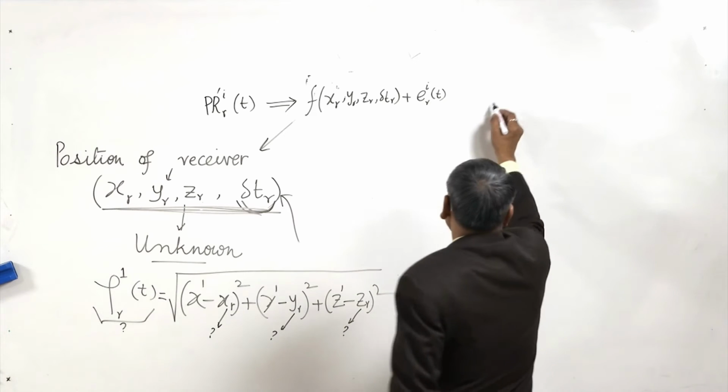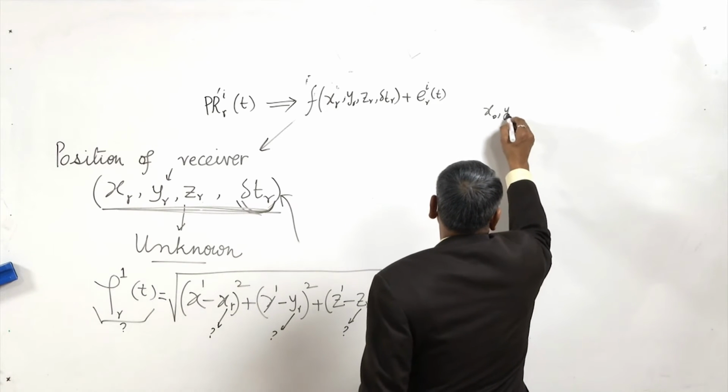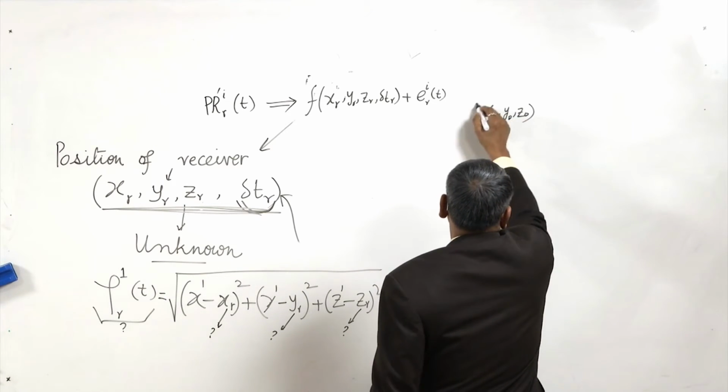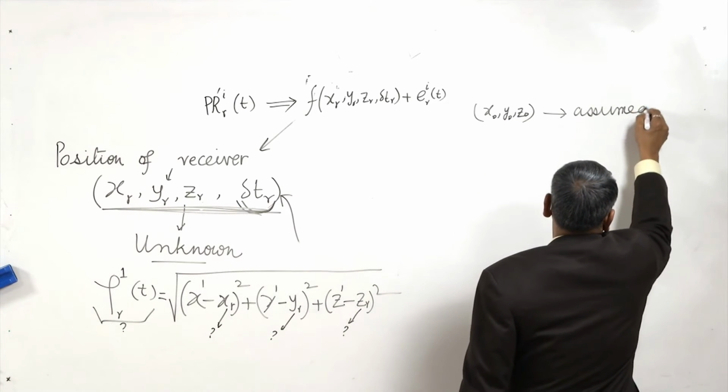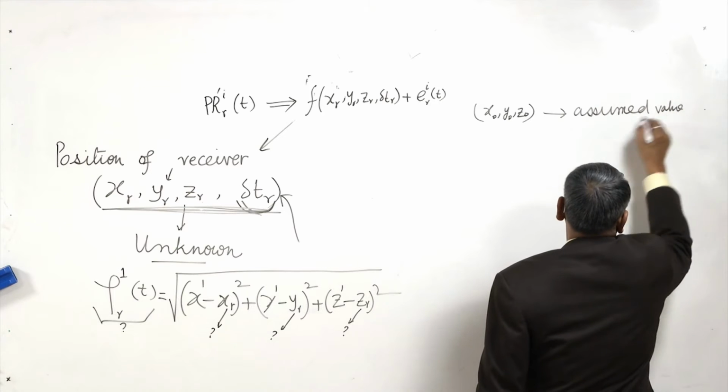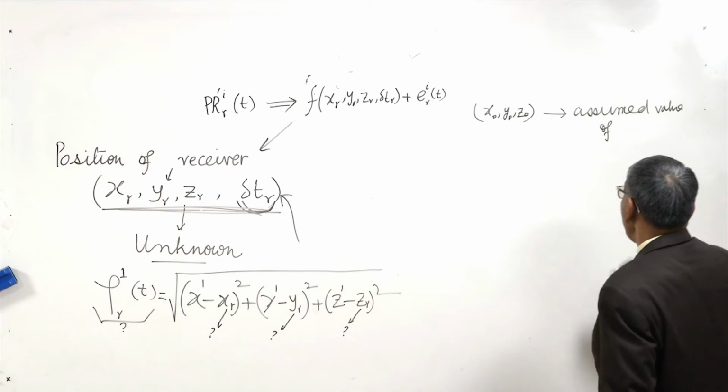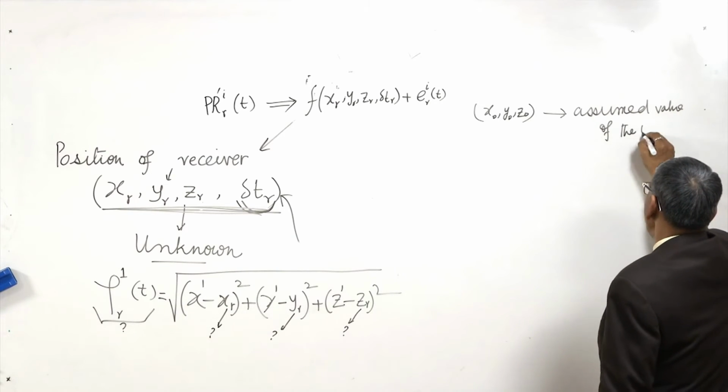Now suppose x0, y0 and z0 are the assumed value of the unknown station.